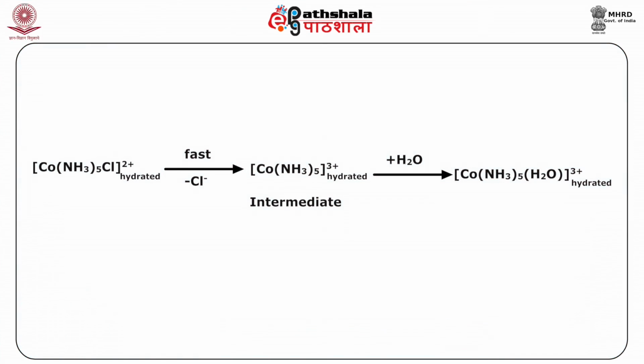For example, in case of [Co(NH3)5Cl]2+, which was hydrated, Cl- decomposed to form [Co(NH3)5]3+, again it is hydrated, and then if water is added to it, the product that forms is [Co(NH3)5H2O]3+.